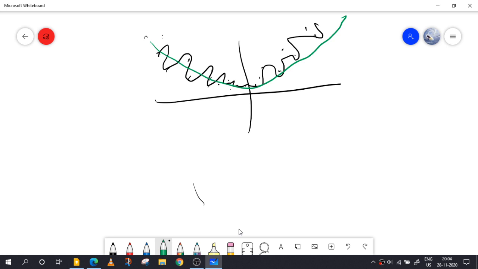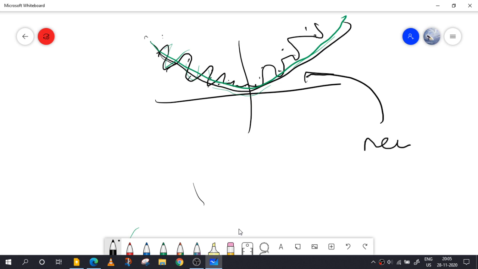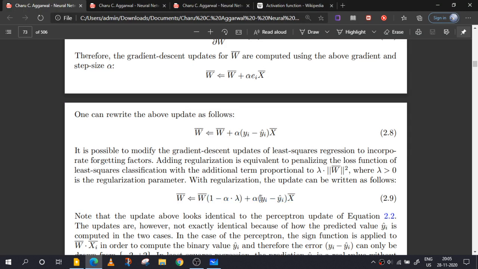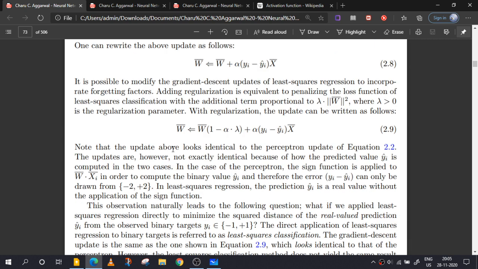So regularization will prevent the algorithm from overfitting like this, such that you get an approximate model which is more accurate, so that when new data enters, it's able to predict properly. That's basically this parameter, alpha times y minus yi, so that it doesn't overfit. Note that the update above looks identical to the perceptron update of equation 2.2.